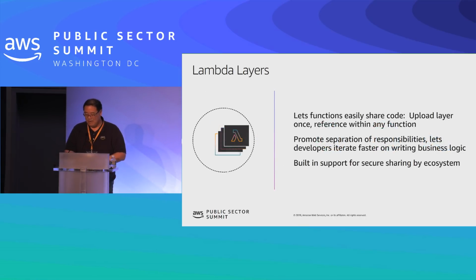Another feature that we also announced at re:Invent last year was the availability of Lambda layers. So this is a relatively new addition to the Lambda functionality ecosystem. This is the ability to define layers of code or layers of dependencies in your AWS account that can serve as common execution packages or dependencies for multiple Lambda functions.